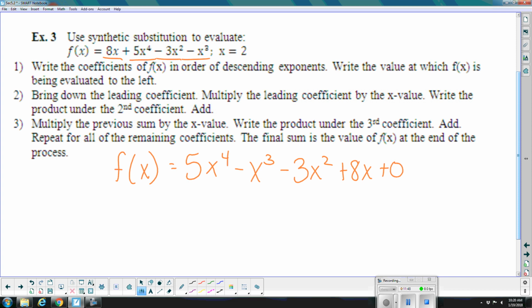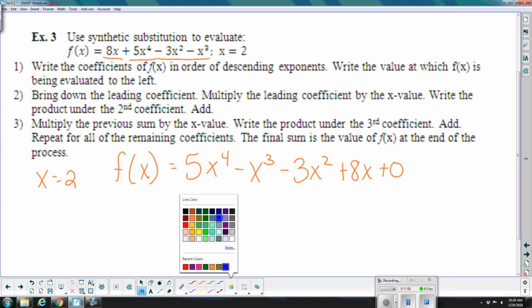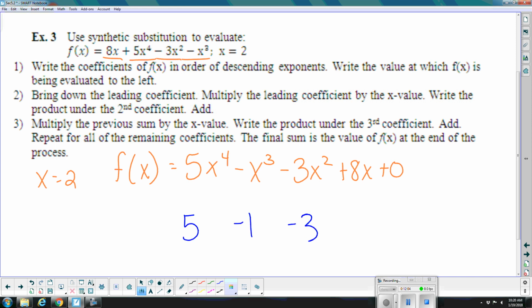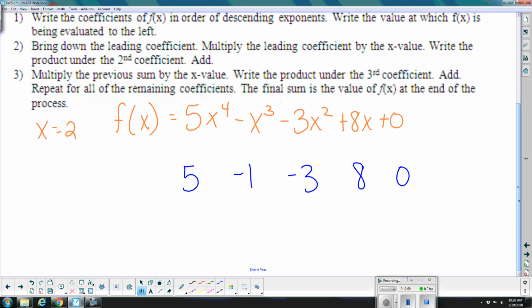So in the synthetic substitution, I'm still looking for when x is 2. So the way I'm going to set it up is I'm going to write out all of my coefficients, starting with my leading coefficient. So 5, -1, -3, 8, and 0. So all my coefficients and my constant term.